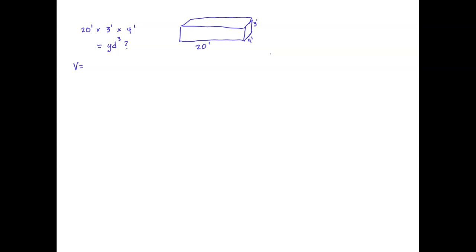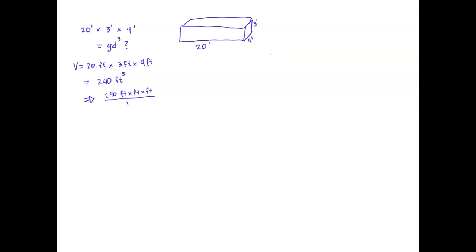So this is really just going to be 20 feet times 3 feet times 4 feet. And 20 times 3 times 4 is just 240. And I'm in units of cubic feet, because that's feet times feet times feet, right? And so that's going to be the most important when you do your conversion to yards. You need to recognize that you're in units of feet times feet times feet.